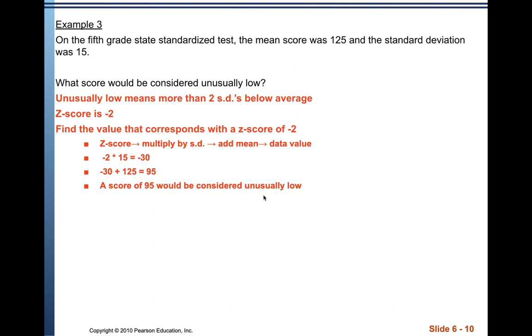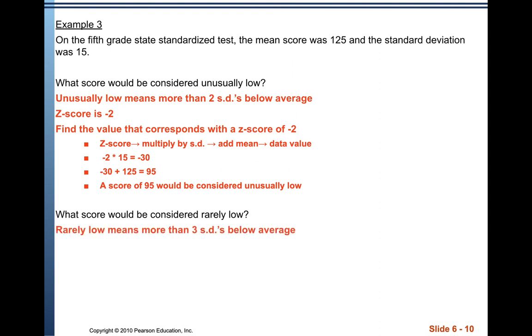Last part: what score would be considered rarely low? Remember, rare means the same thing as unusual, except with 3 standard deviations instead of 2. So rarely low means more than 3 standard deviations below average, which means we need to figure out what test grade is going to give me a z-score of -3.